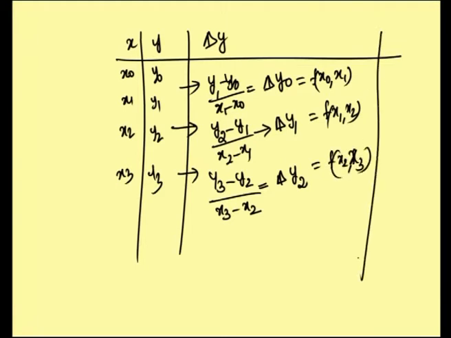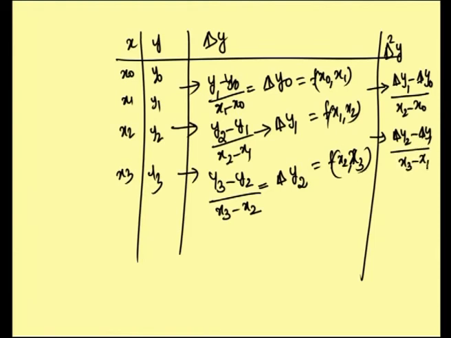Okay. Similarly, del square y is calculated: del y1 minus del y0 divided by, you can see the extreme x values, x2 minus x0. Here you have del y2 minus del y1 divided by x3 minus x1. And then we have del cube y0.